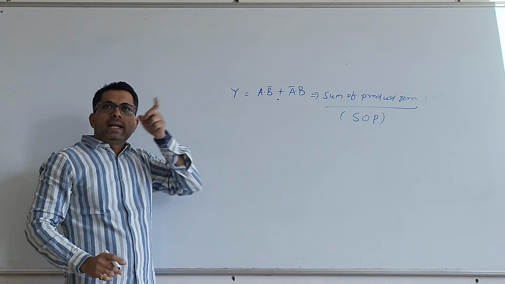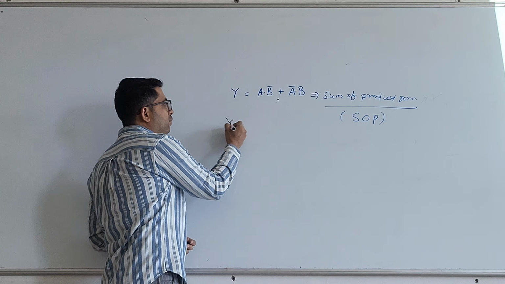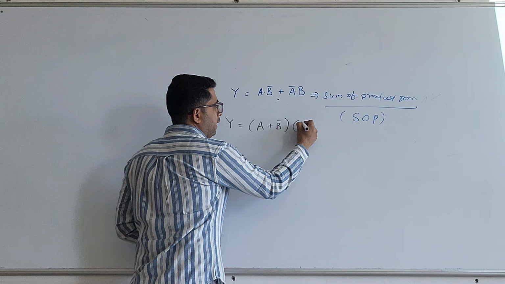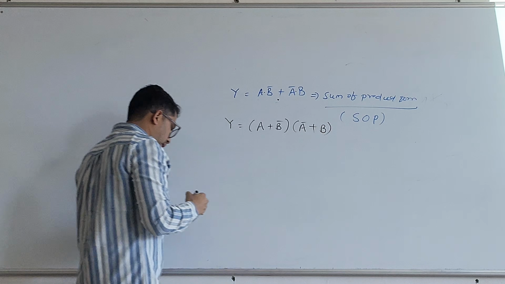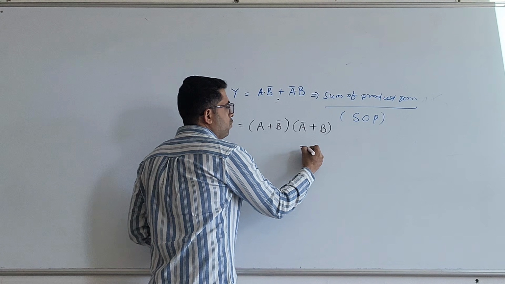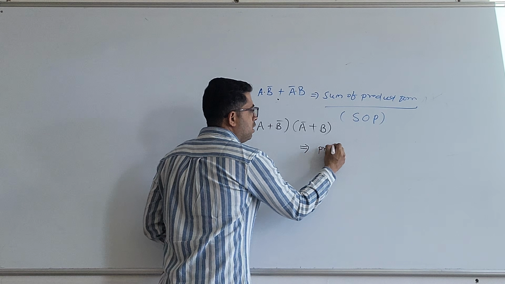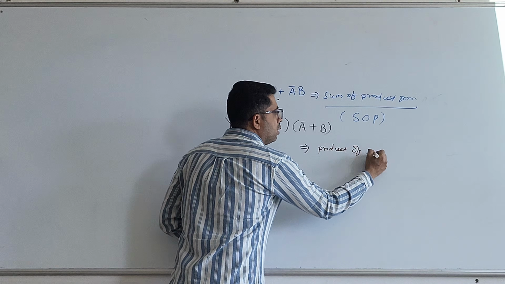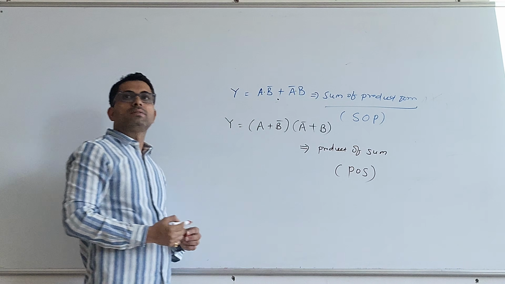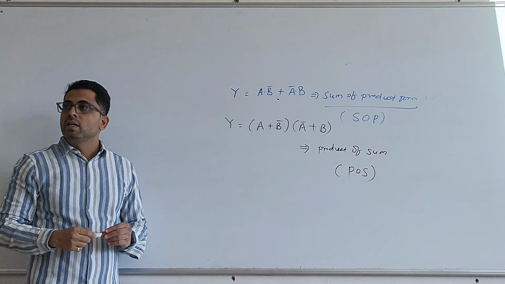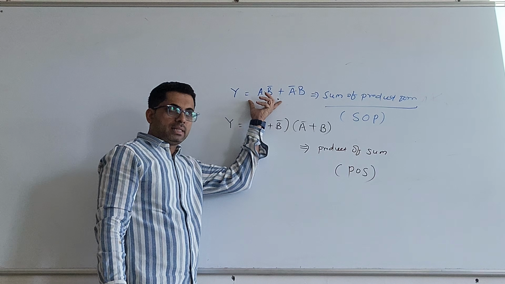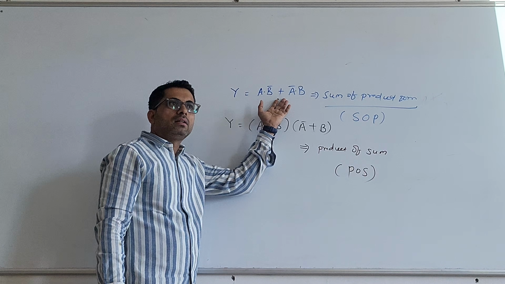Now, the Boolean expression can be represented in another form: A plus B bar in one bracket, and A bar plus B in another bracket. Such a Boolean expression is called a product of sum form, and shortly it is called POS.